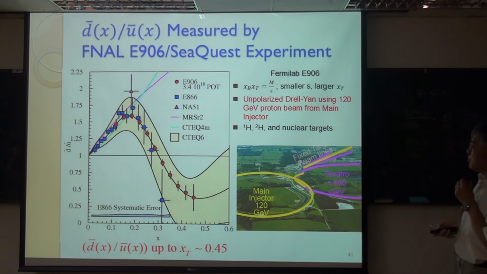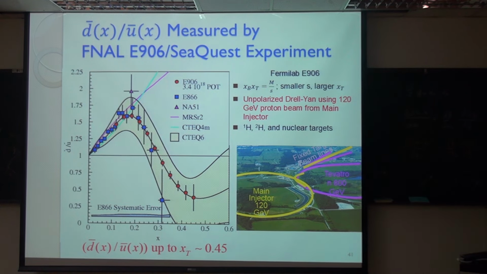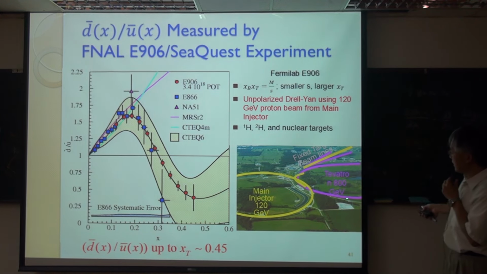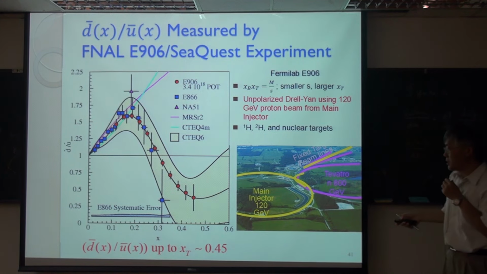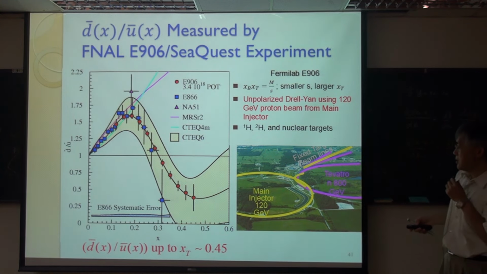This interesting point brings up the next experimental effort, which is again at Fermilab. We proposed the experiment and carried it out there. Instead of using the 800 GeV Tevatron beam, we use the main injector beam, with lower energy, but it can push us to the large X side.